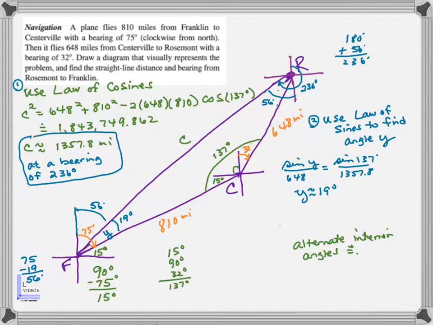I was thinking we could go up to 270, but we don't know what this little angle is. So instead we come around and say 180 down to here, and then add the 56 degrees. That's why we need to find that. Because we measured from due north, we would say that the straight line distance is 1,357.8 miles at a bearing of 236 degrees, which means you measure from due north and come all the way around to here.